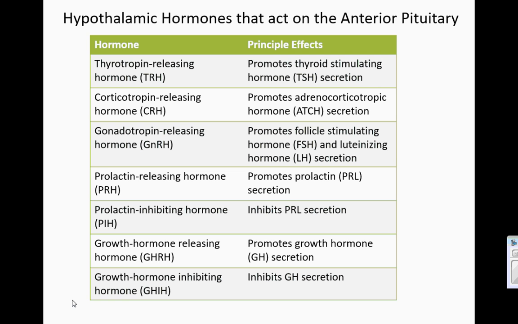On the board over here, I left it up from last class, but for the many hormones that we're going to be talking about, you're going to want to know 4 things. Who secretes them? In this case, it's easy because it says at the top, hypothalamic hormones. So these 7 are secreted by the hypothalamus.